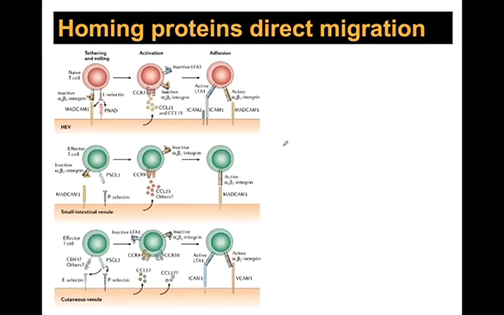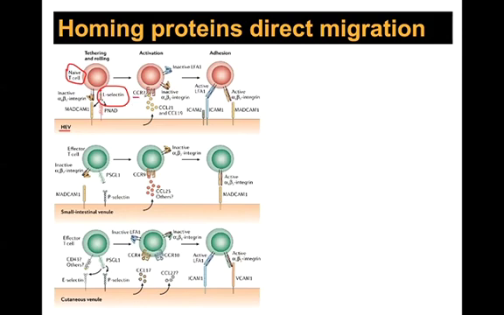Okay, so when we look at these different signals, it's essentially the same pattern, okay? And I'm just gonna highlight some differences. Here we have a naive T cell, and its job is to go from blood to lymph nodes. And so in the high endothelial venules, it's got L-selectin, which is going to bind to sialyl Lewis X. That slows it down to the rolling and sticking.